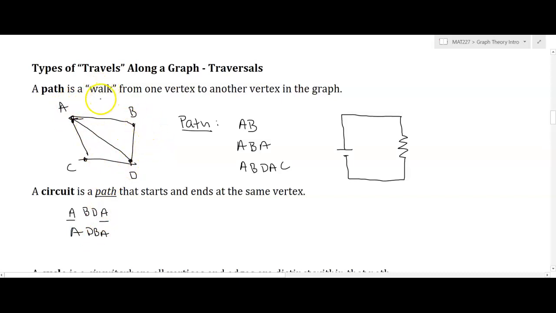We often use the word traverse; a traversal is just a route. We could traverse this graph in clockwise or counterclockwise directions. We could even have other circuits like A, B, D, C, A, or A, B, D, B, A. There are just so many circuits, but the restriction is that it's a path that starts and ends at the same vertex.